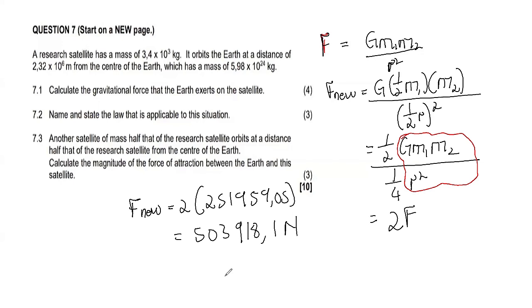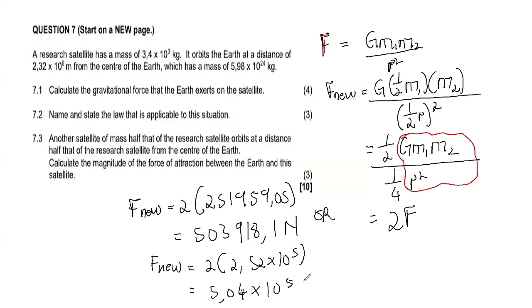And if you had used the one that was in scientific form, obviously, you were going to have 2.52 times 10 to the exponent of 5. And then if you multiply by 2, you are going to have 5.04 times 10 to the exponent of 5 newtons, right?